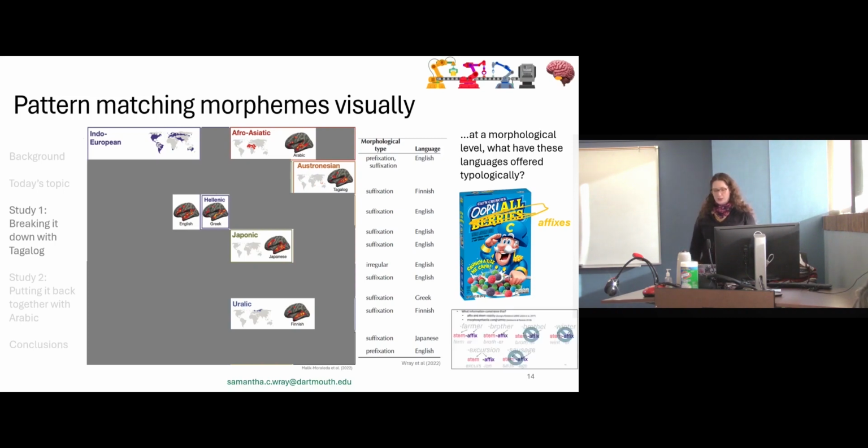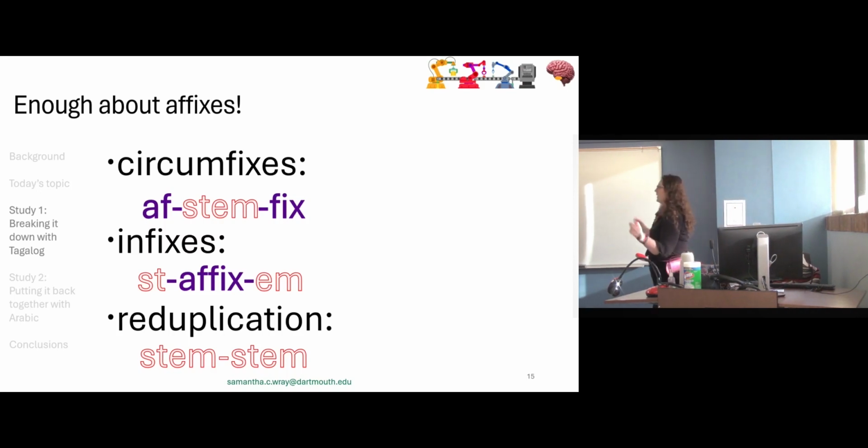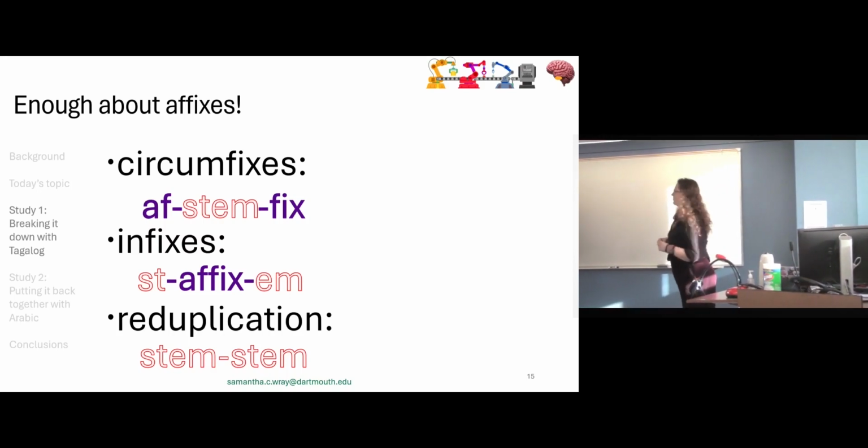So here's where Tagalog comes in really nicely. Not only does Tagalog have things like circumfixes, in which you have a stem shoved in the middle of an affix, and reduplication, in which a stem repeats, we also have infixes, in which a stem is broken up and the affix is shoved right in the middle.